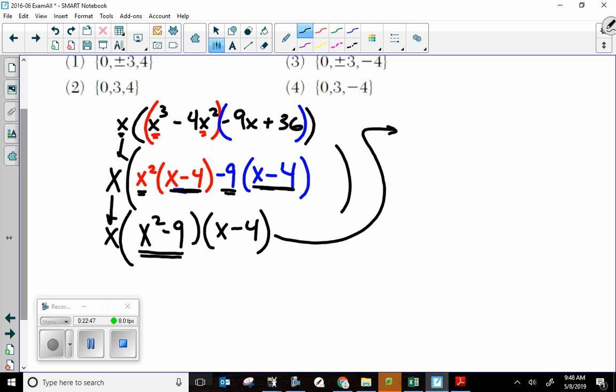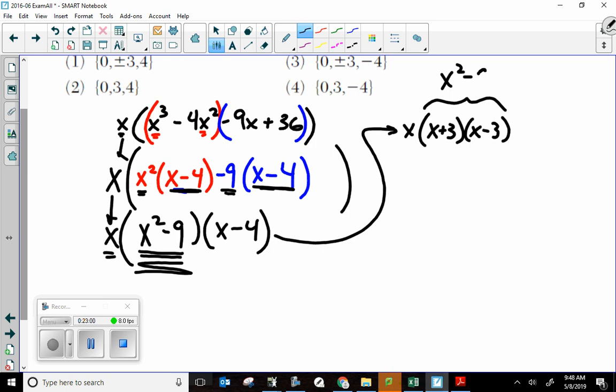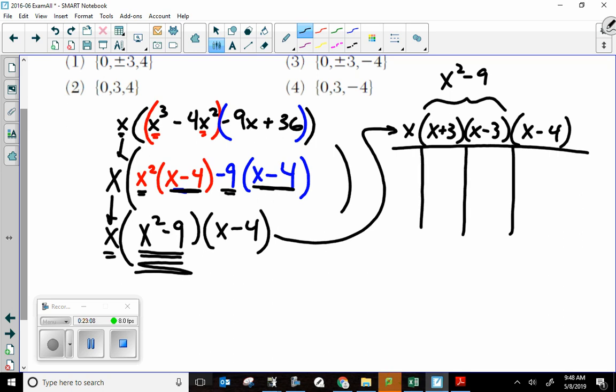So my x just comes along for the ride. This is x plus 3 times x minus 3. This came from x squared minus 9, factoring one more time. And I still have my x minus 4. Now it's just a point where I t-bone, set all these equal to 0 and solve.